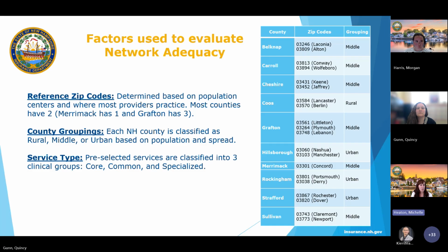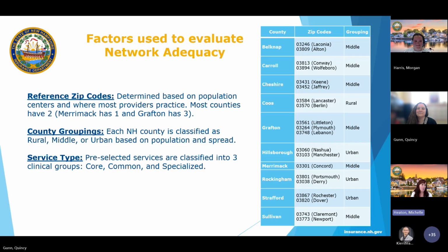We also use county designations of rural, middle, and urban, and that's based on population and spread. We then break out the services into core, common, and specialized.